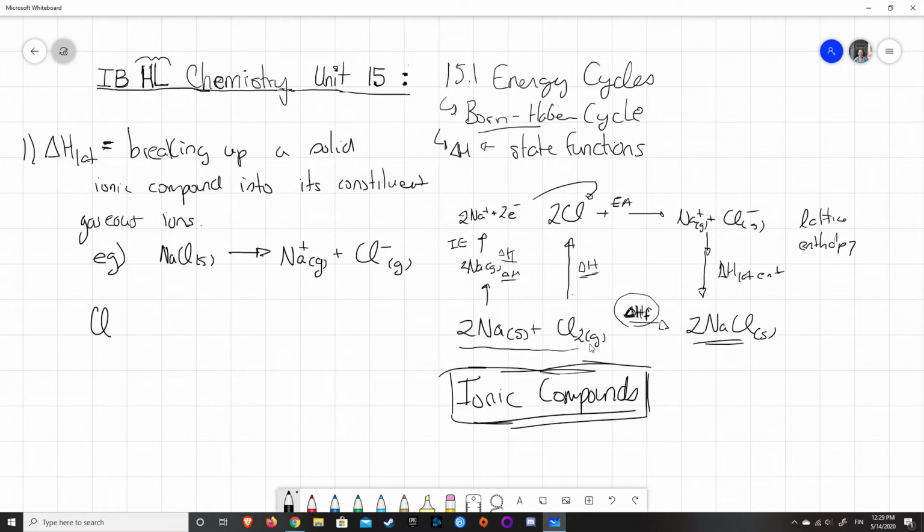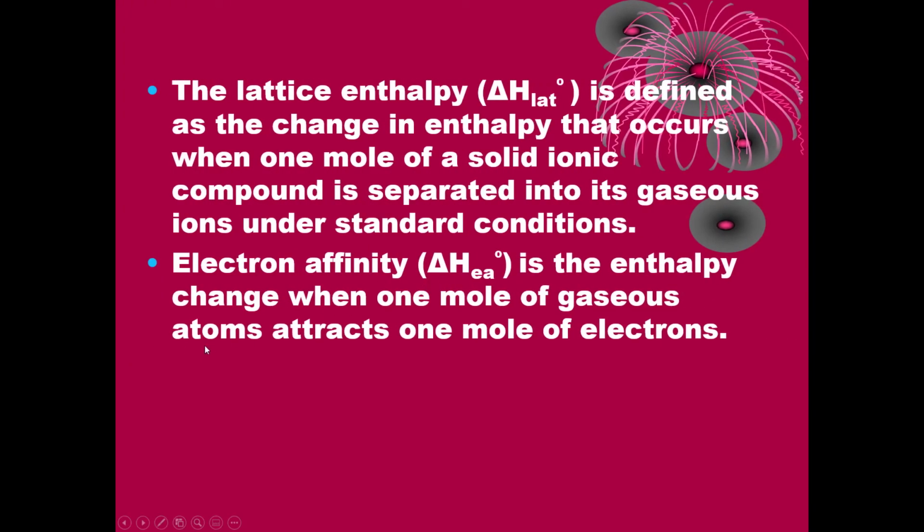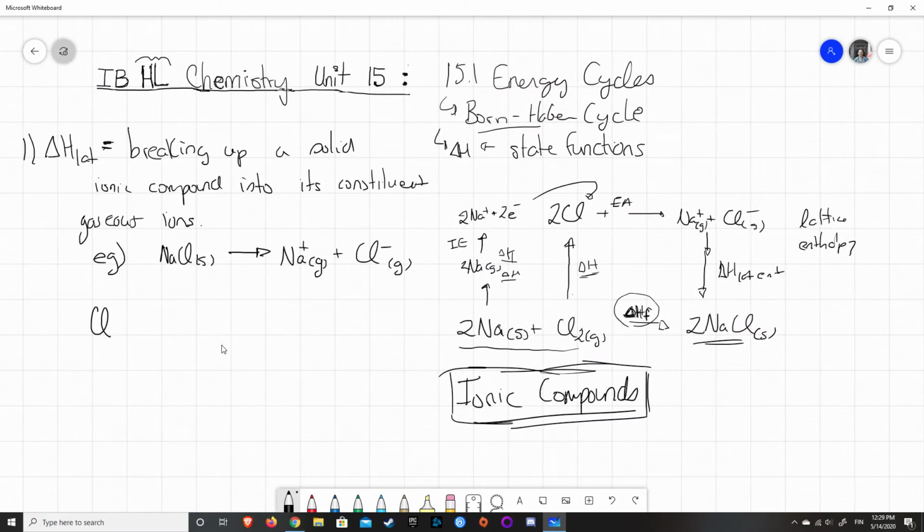We take chlorine atoms, and it attracts an electron to form a chloride ion. And this will be delta H electron affinity.